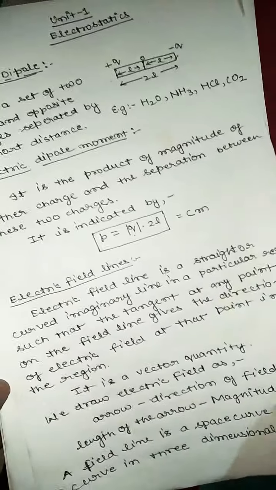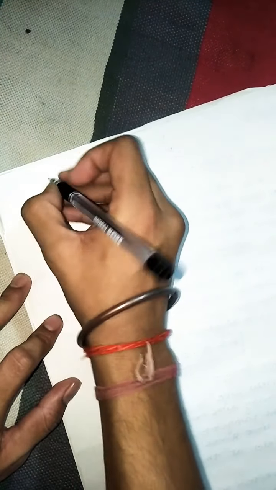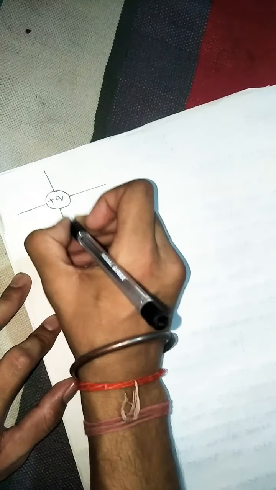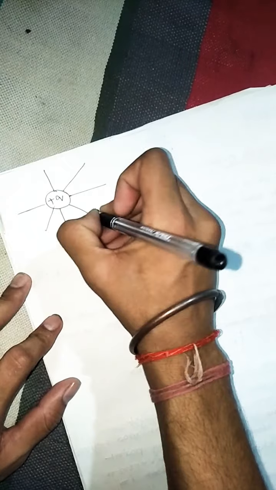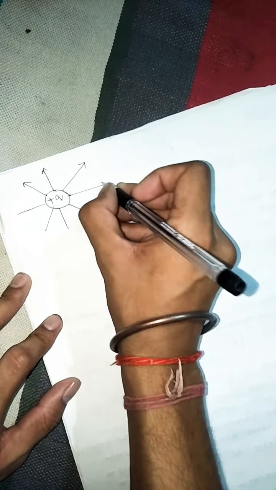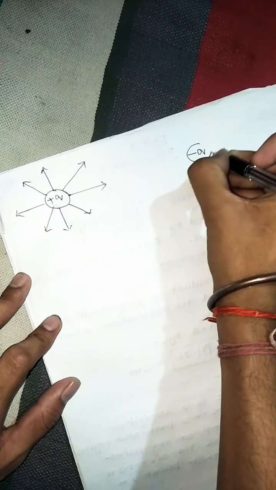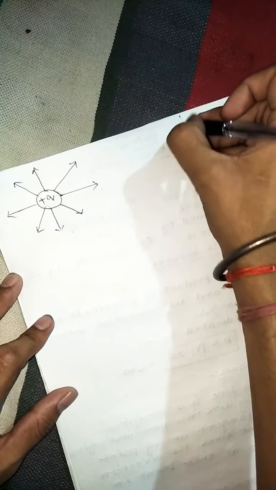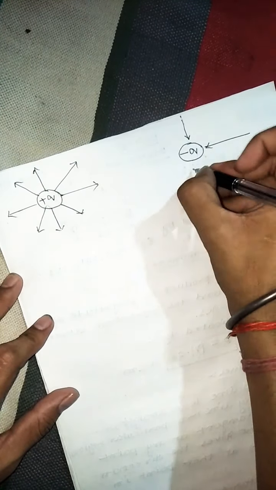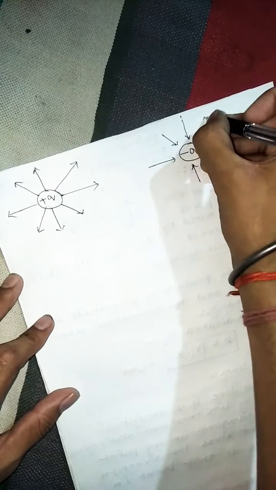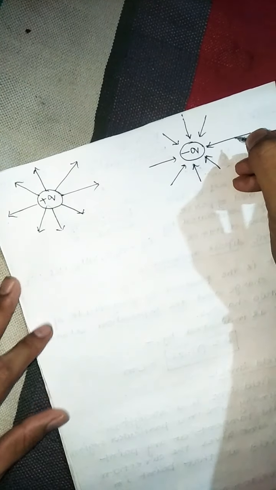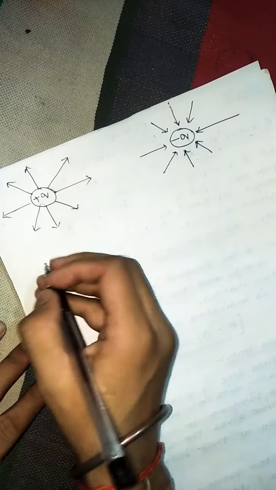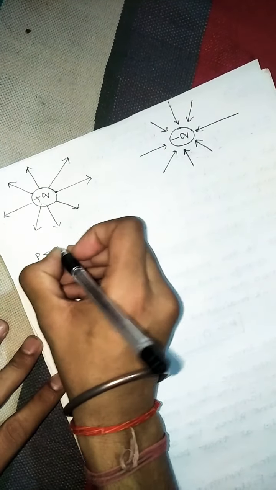Let me discuss the properties. If we are taking a positive charge, the electric field lines always tend outward. That means the electric field lines are always outward from the point charge. And if you are considering minus q as a point charge, then the electric field lines always tend inward. Now we discuss the properties of electric field lines.